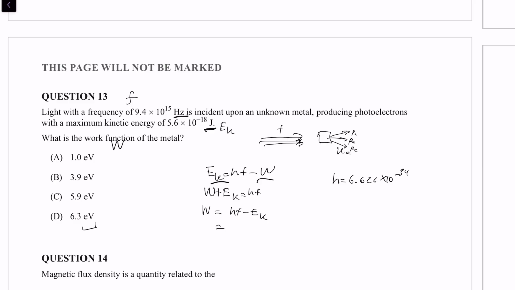So I have 6.626 times 10 to the negative 34 times the frequency, which is 9.4 times 10 to the 15, minus the maximum kinetic energy, 5.6 times 10 to the negative 18. Okay, time to use my calculator.